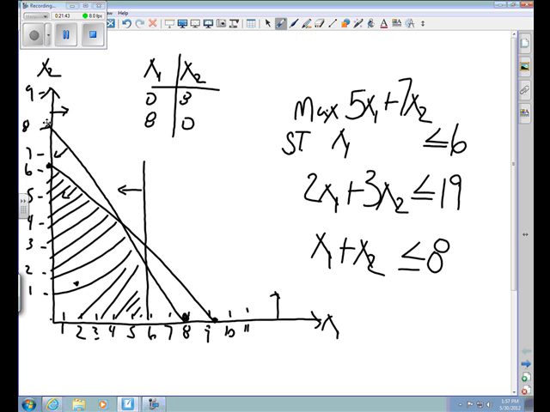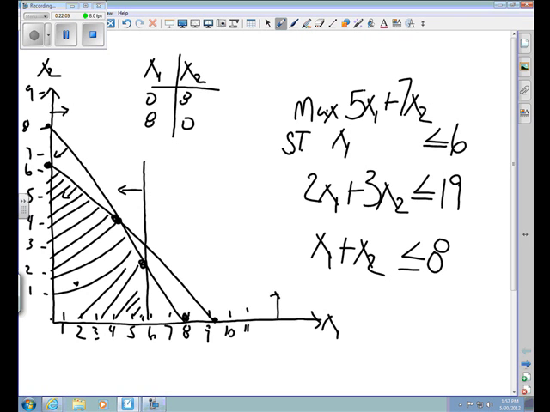In other words, if these constraints are what are keeping me from perhaps making more money or increasing revenues, isn't it intuitive that you would push these constraints as far as they would go? In other words, you would be on the fence. You would push it as far as it would go. Well, it turns out that intuition is correct, and your optimal solution will always be at what we call a corner point.